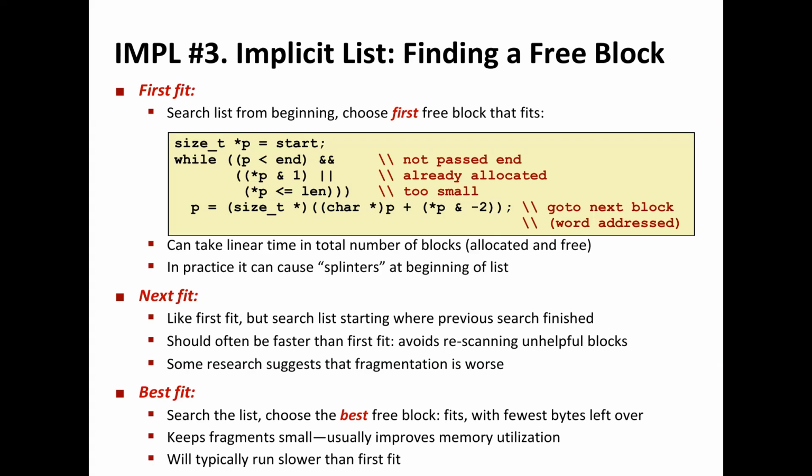And its length is at least the length that we are looking for. If either of these conditions is not true, then we have to move on and go to the next block. So that's the idea, right? And remember, this -2 means this mask when we throw away the lowest bit. Okay.